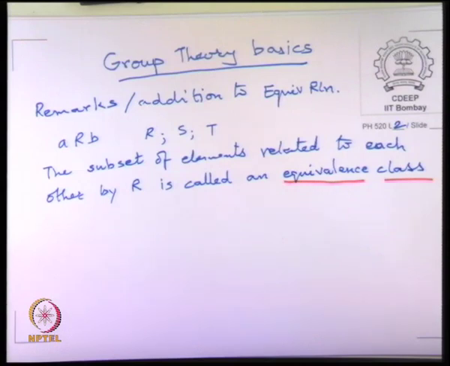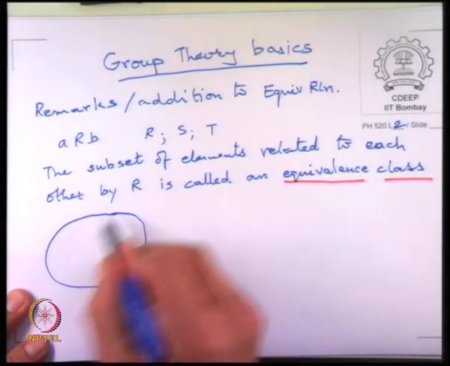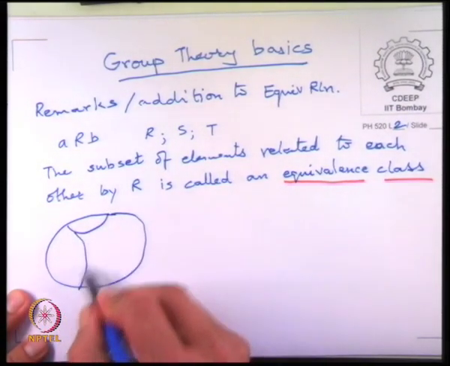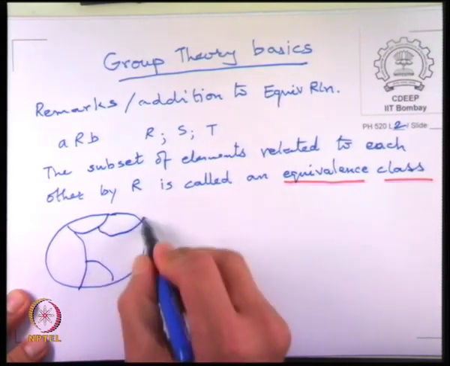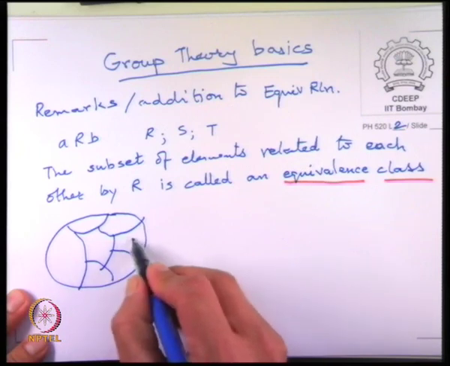So, the subset of elements which are all related to each other forms one equivalence class. What we drew, this bag of potatoes we were drawing, each one is essentially one equivalence class.